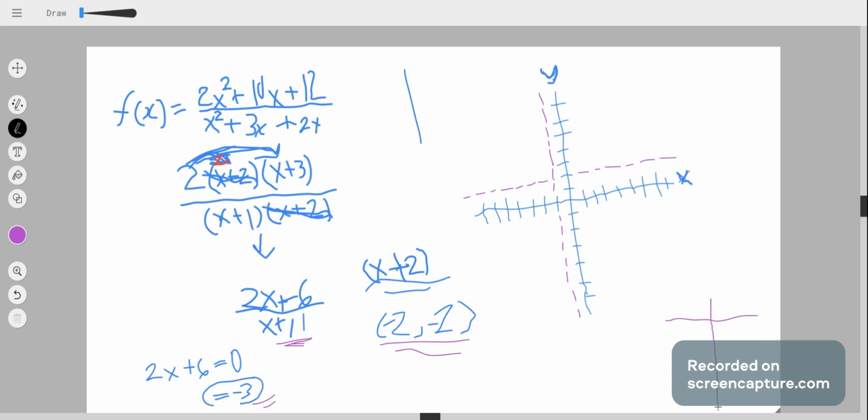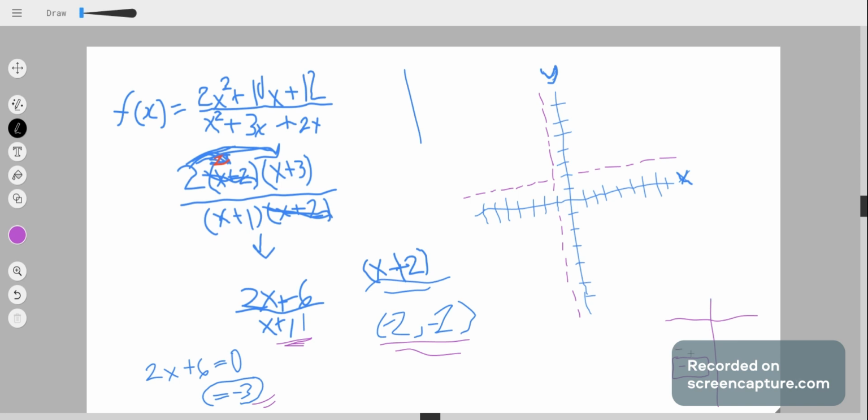And since we're working with a base of negative 1, which is going to be our vertical asymptote, that's where we start. And then we want to pick numbers going up from there and also going down from there, right?